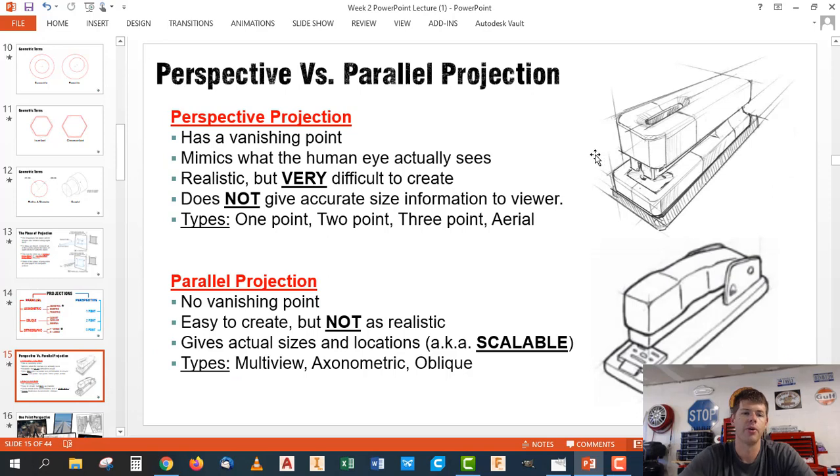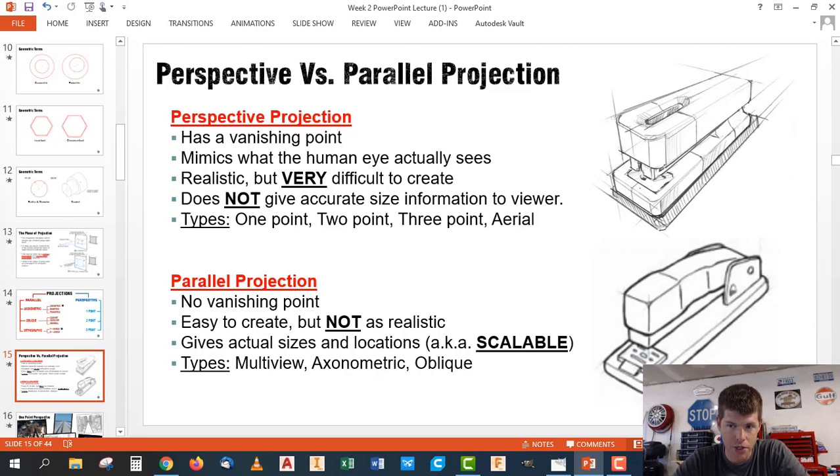So let's compare really quickly for kind of one last thing here about projection theory, comparing perspective and parallel projection one more time. So here's kind of a direct comparison. And you could Google tons of these. If you look up perspective versus parallel projection, you're going to find all kinds of examples. So here's perspective projection, a drawing of a stapler, versus parallel projection.